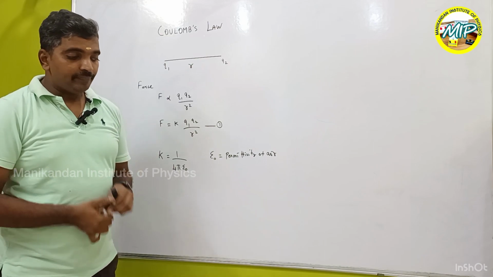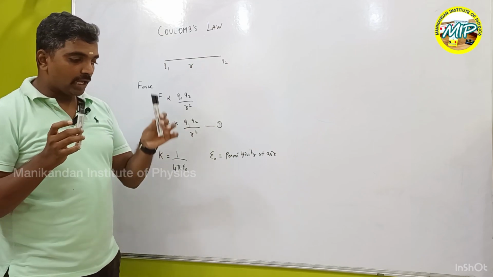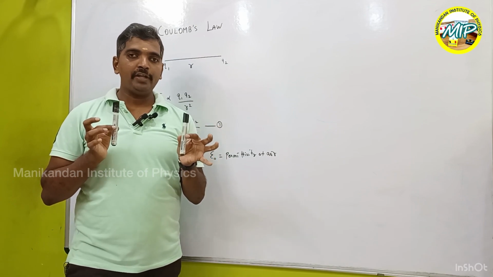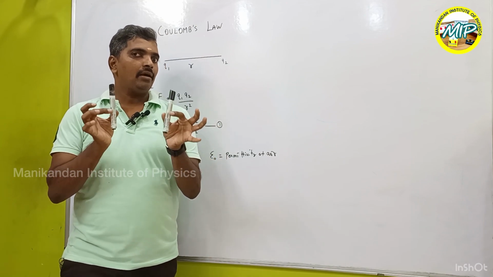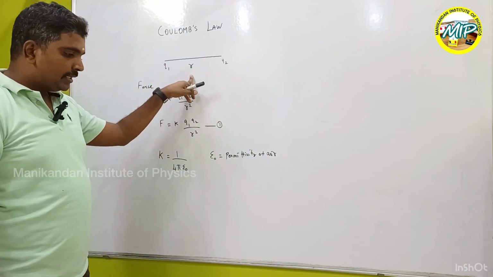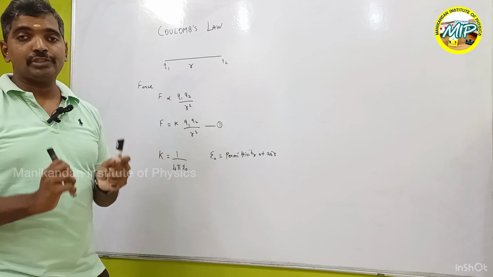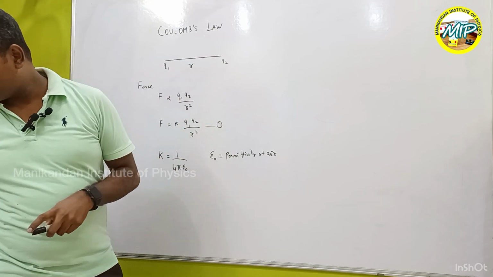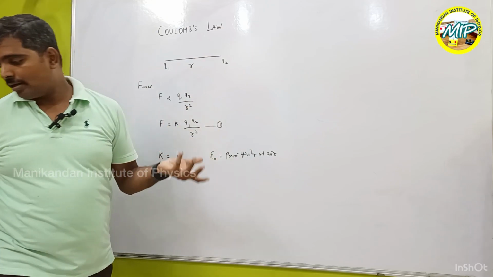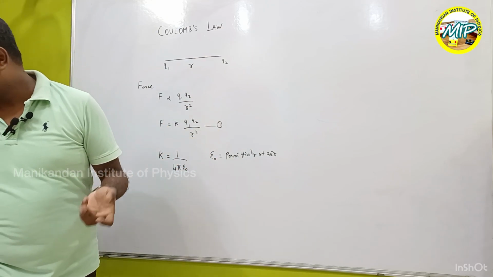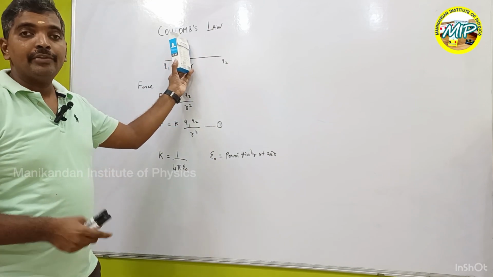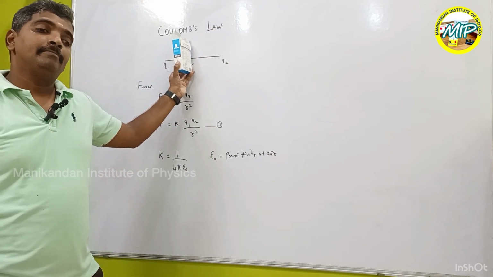Listen carefully. You have a charge 1, I have a charge 2. There is a force between these two charges, separated by distance r. In case I place a material, say a box, between these two charges, will the force be affected or not?